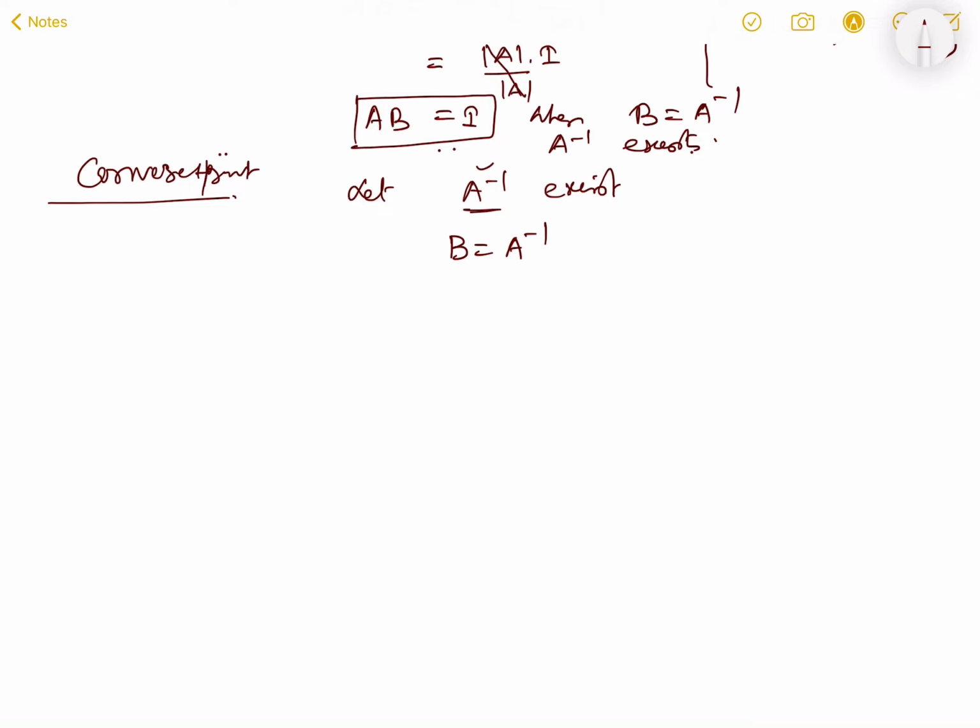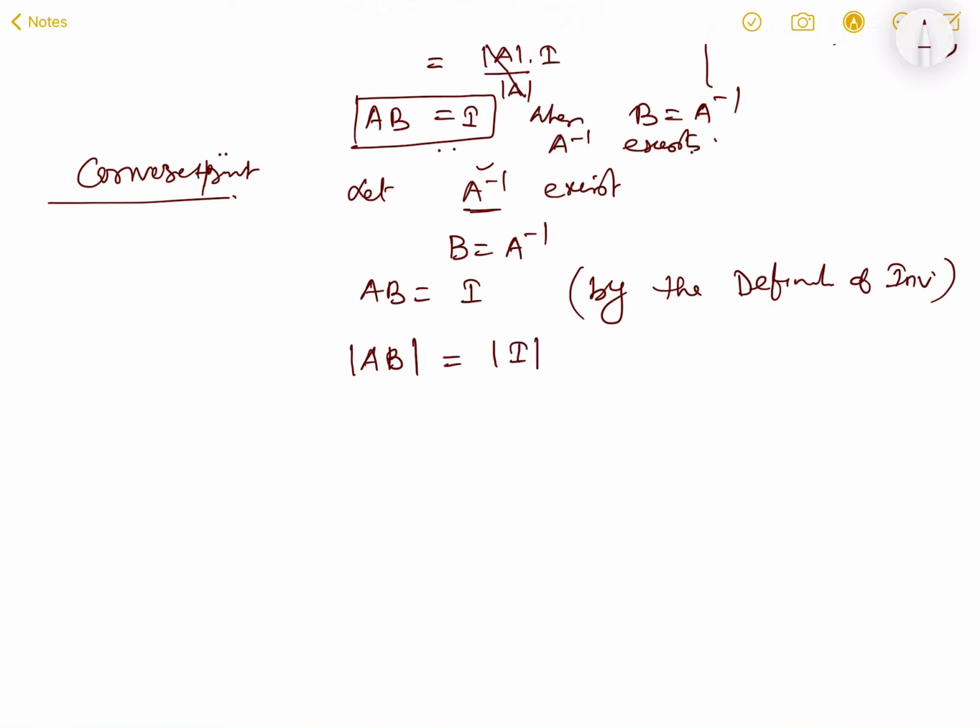So AB is equal to I from the definition of inverse. Okay, so taking determinant both the sides, determinant AB is equal to determinant I. Through the property of determinant, determinant A, determinant B is equal to determinant I is equal to 1.